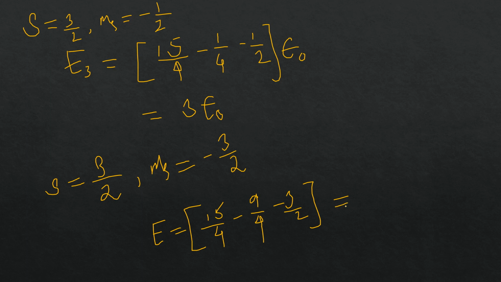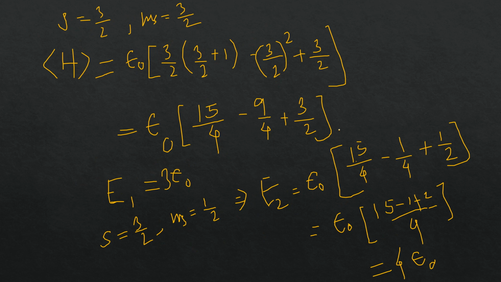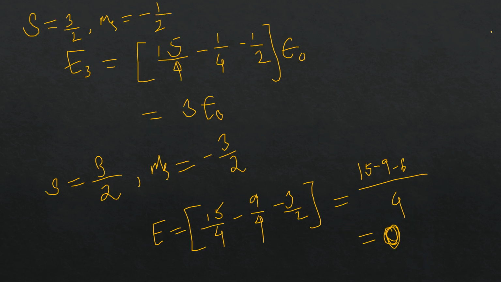This one becomes 0, because 15 minus 9 minus 6 is 0. So these are the energy values: 3 epsilon naught, 4 epsilon naught, another 3 epsilon naught, and another one is 0.